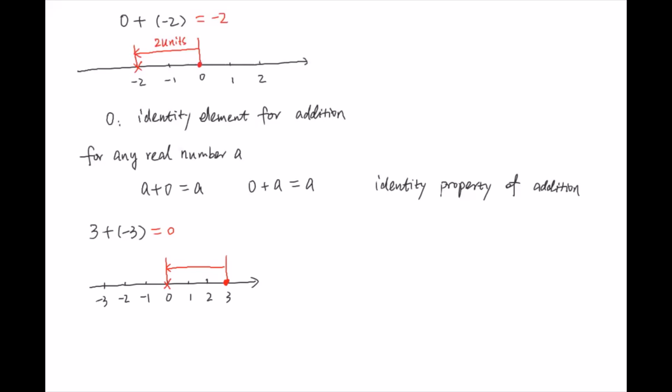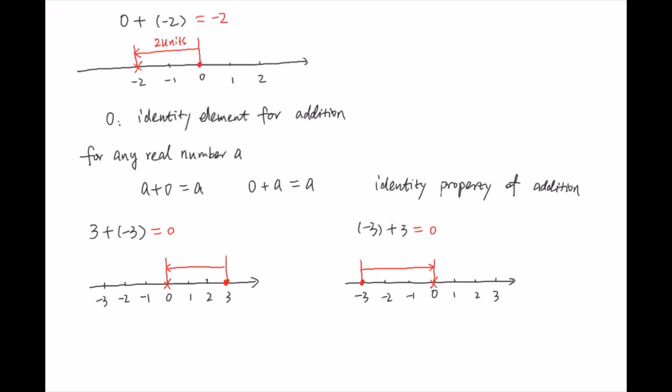Another example, -3 plus 3. Let's draw the number line. On this number line, -3 is right here. We need to move to the right by 3 units. Now you can see the result is 0. So this sum is 0.